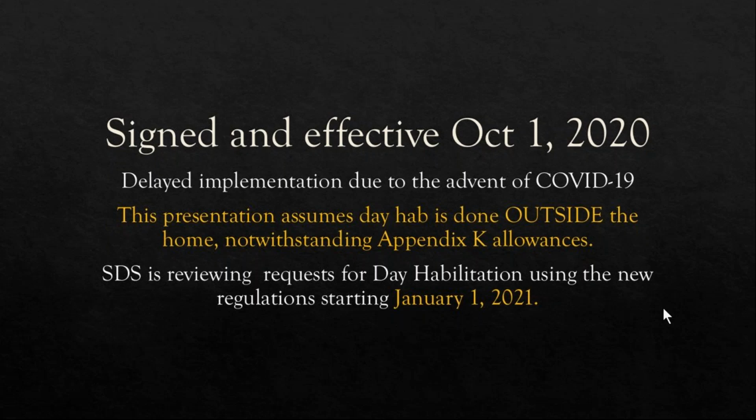And so it's easier to understand what DAHAB is for with these new regulations. And it's very informative. Our last webinar, a lot of people had a lot of questions. And so we're hoping that this makes it more clear that this is a wonderful service, a very important service, and is intended to create outcomes around the purpose of DAHAB.